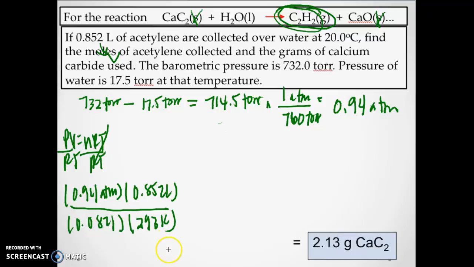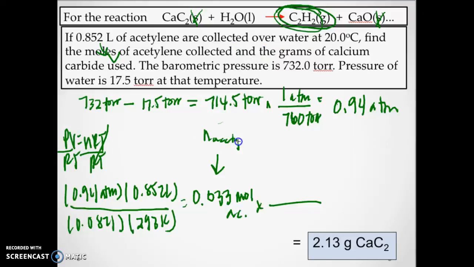And when you solve for this, you get 0.033 mole of acetylene. And that's what we want. We want moles of acetylene, so that's it. That's moles of acetylene.